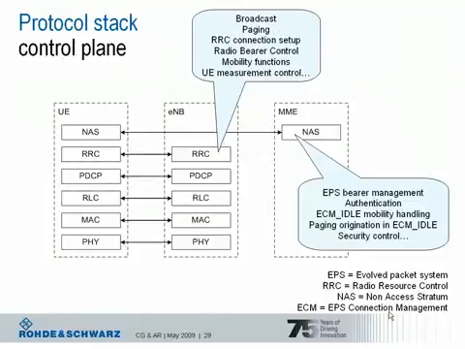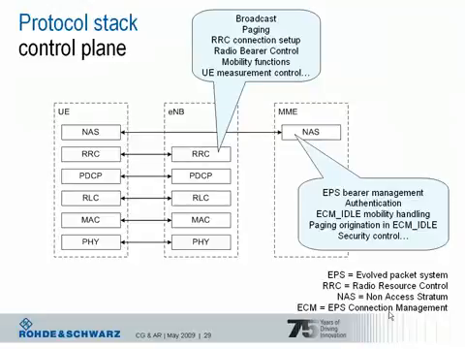On the control plane side, the protocol stack is listed here. So again, you see the protocols between UE and base station over the air interface, as well as between UE and mobility management entity, which are the non-access stratum protocols.